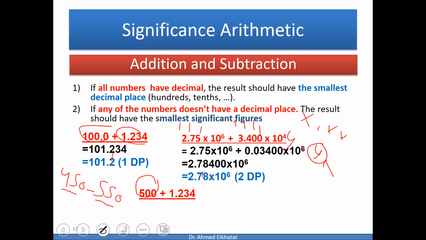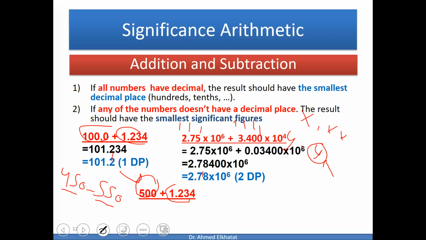So you can assume the range of uncertainty is almost 100. This value, 1.234, is 1 out of 100, so it doesn't affect the value. The result will be the same, 500, because this value will not add anything to this range.